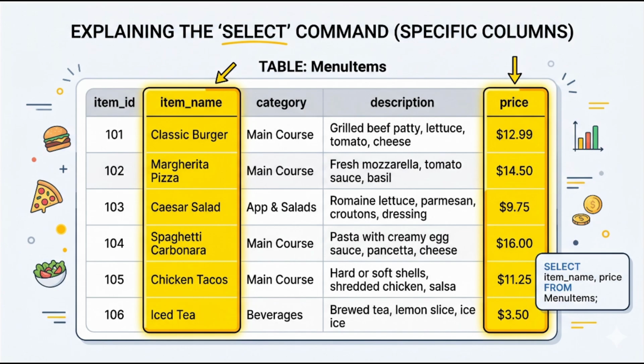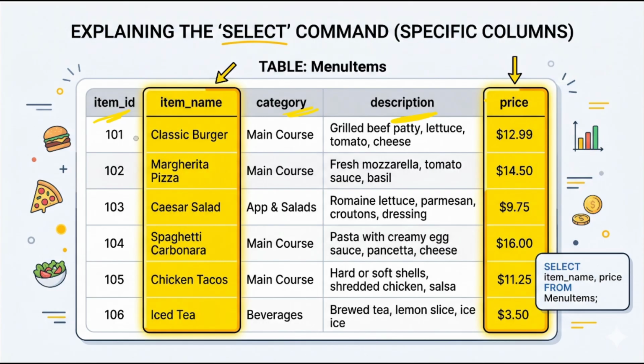Now let's start with the first SQL concept, SELECT. Select means choosing what data you want to see. Imagine you have a menu table in the restaurant database. This table has item names, prices, description, categories, item ID.